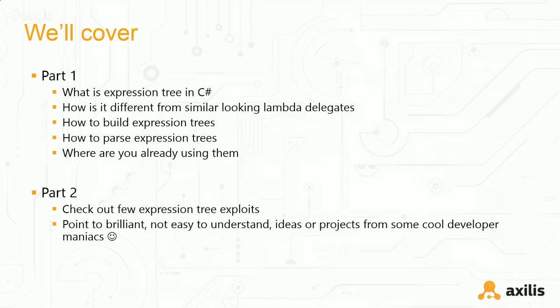Expression trees consist of a tree of expressions. An expression can be plus, can be member access, can be a lot of things. Basically, not basically, but everything in C#. We presented two ways to build expression trees. One is using lambdas.